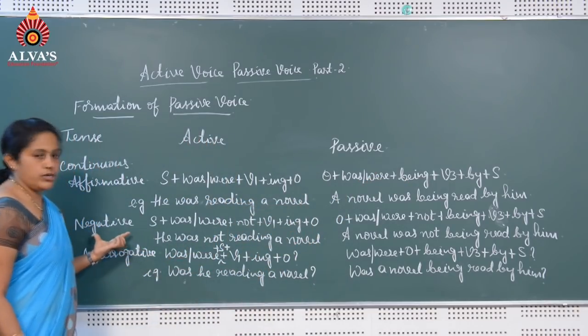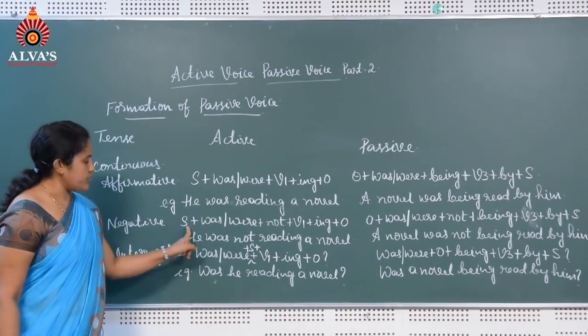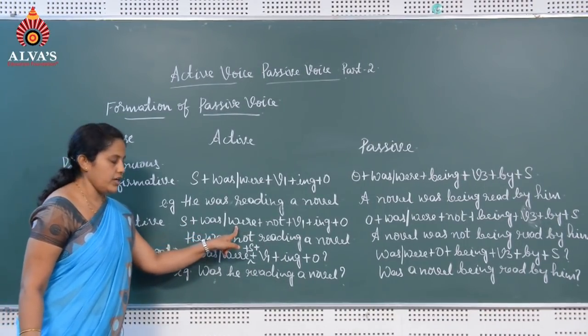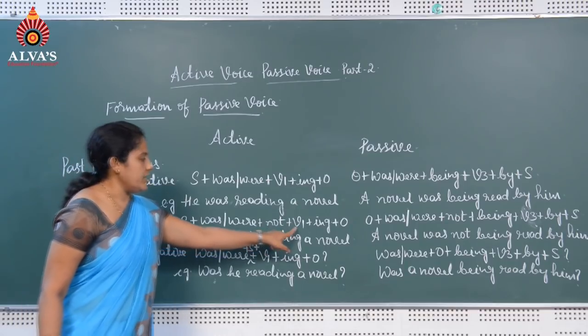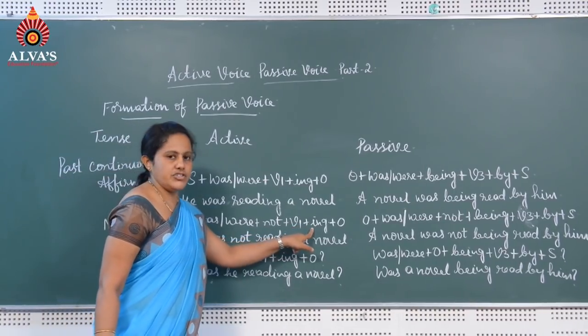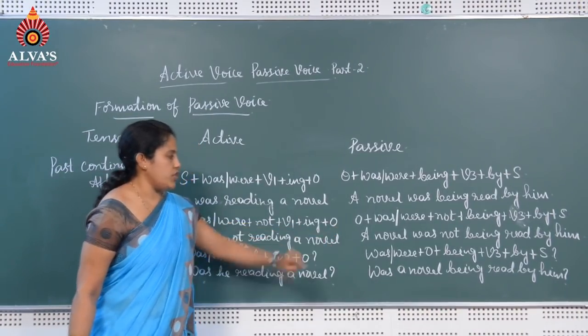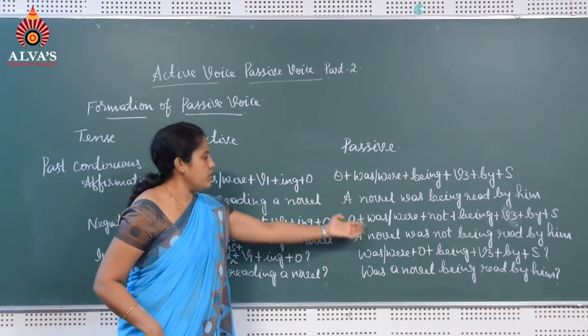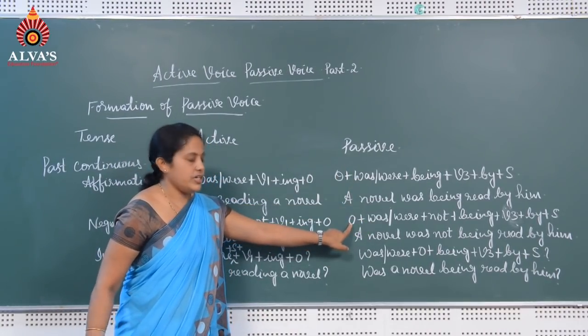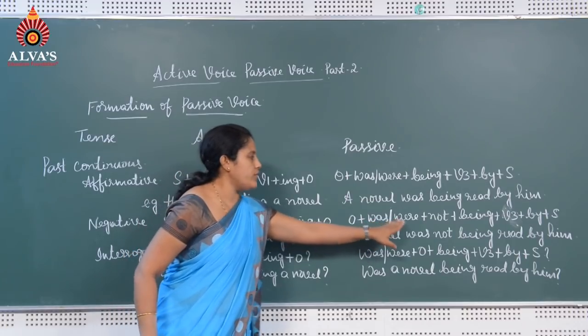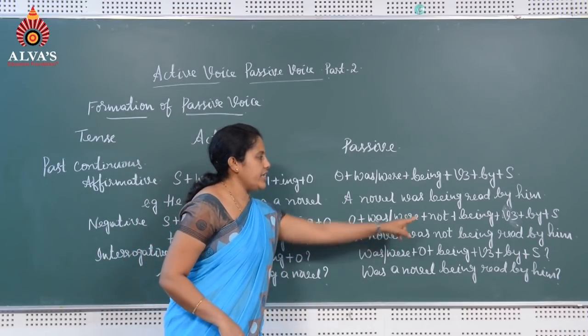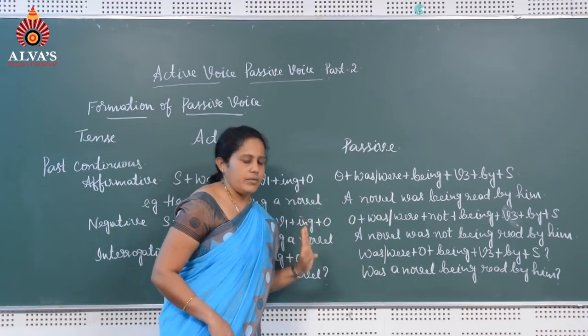Same thing for the negative sentence: subject was or were plus not plus first form of the verb plus ing plus object. In passive voice, it becomes object was or were not being V3 plus by plus a subject.